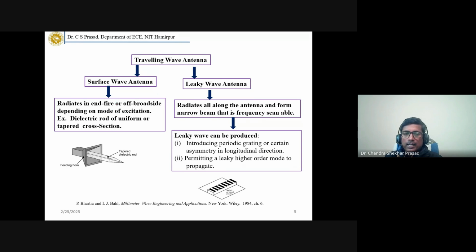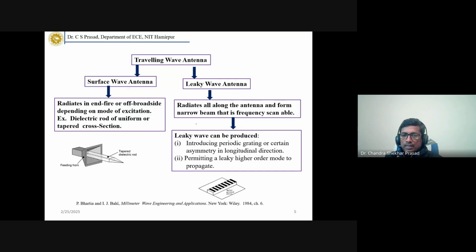So we have end fire radiation, or if you put some ground plane, you can have off broadside radiation. Now, if you perturb this traveling wave structure, then we can have radiation, and that is basically your leaky wave antenna.